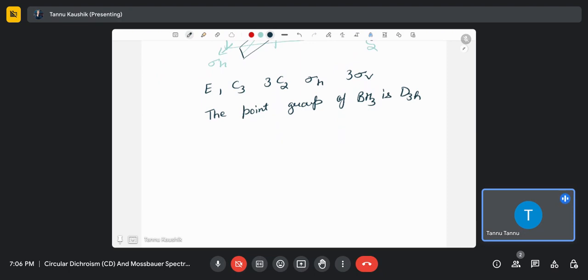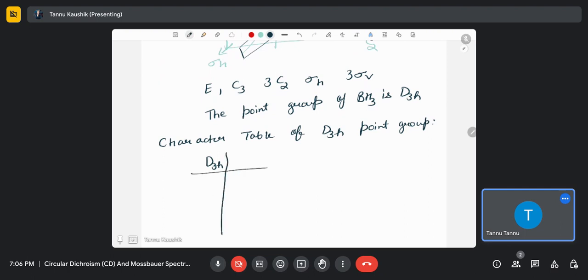So if we now draw the character table for this D3h point group, in the first column we write the names of each irreducible representation.